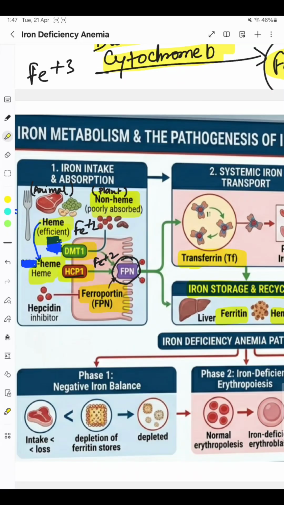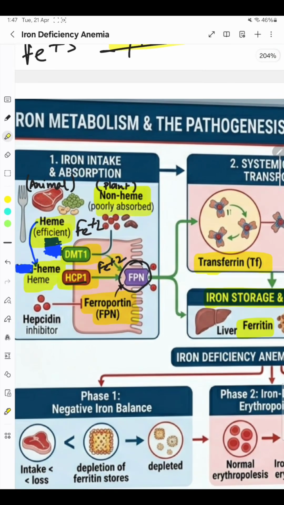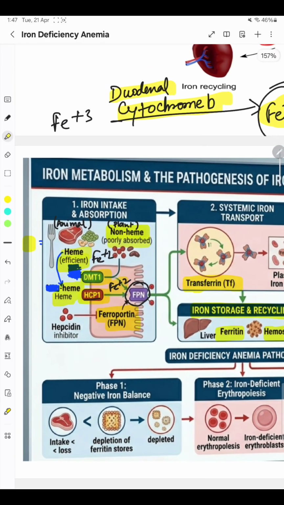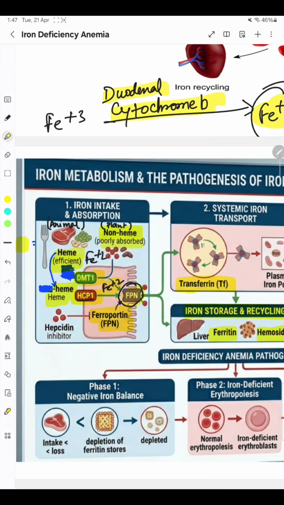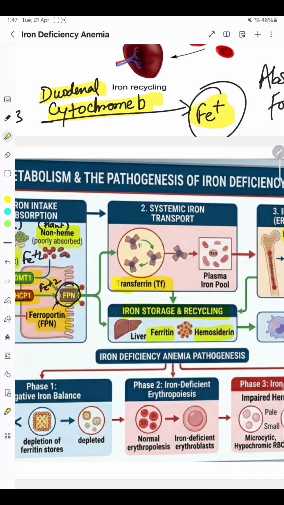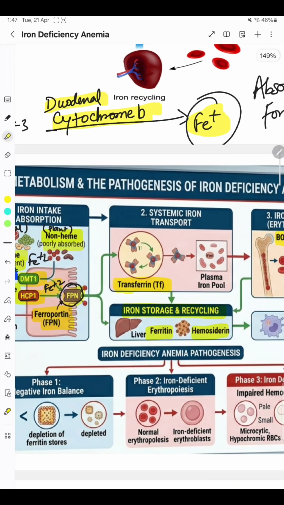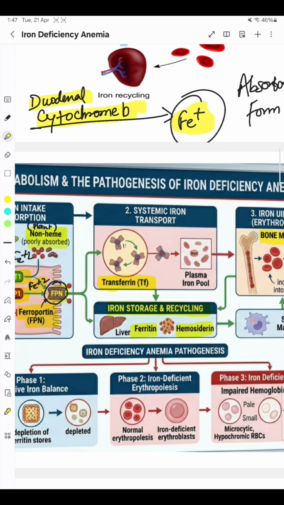Once the iron reaches the enterocyte, it is transported from the enterocyte to the circulation with the help of ferroportin. In the circulation there is a protein named transferrin, which acts as a carrier protein for iron transport in the plasma or bloodstream.